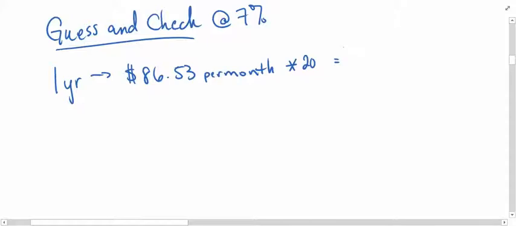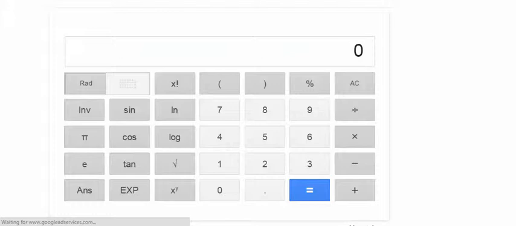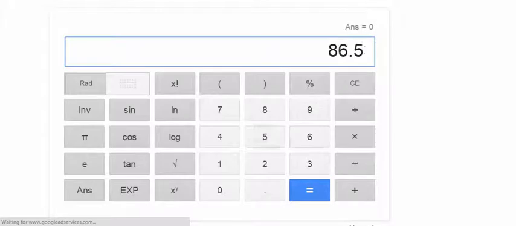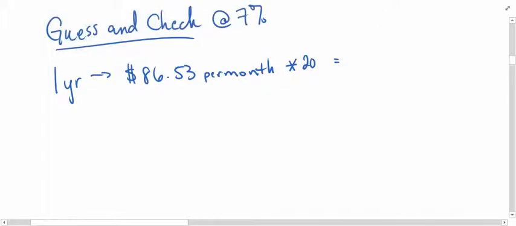And when doing this, we find that 86.53 times 20 for $20,000 is a monthly payment of $1,730. So quite clearly she can't afford this payment. This is well above her $500 limit.